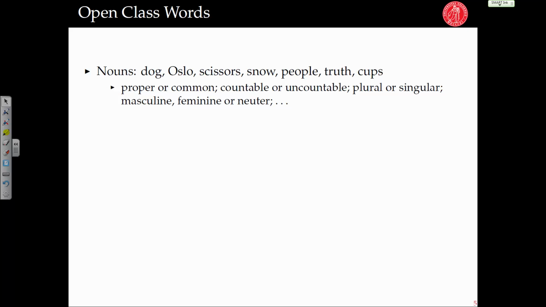Or if you think of money, for example, also two monies. What does that mean? Money is uncountable in the sense that it's a mass noun, or information. People would say informations, but it's a mass noun. It shouldn't be countable. You say two pieces of information.